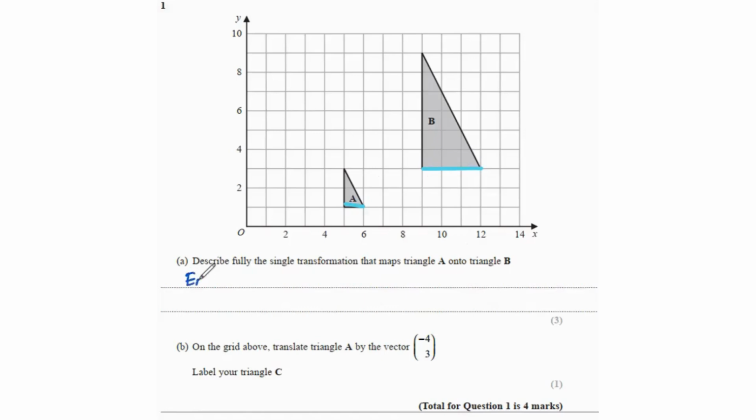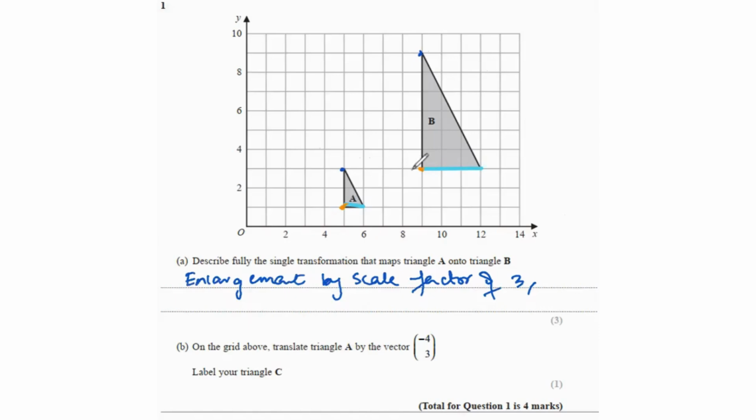So we write enlargement. That's the first mark. By scale factor of 3. That's the second mark. And now the center. Now for the center of enlargement, what we will do is connect corresponding points. So this is corresponding to this.